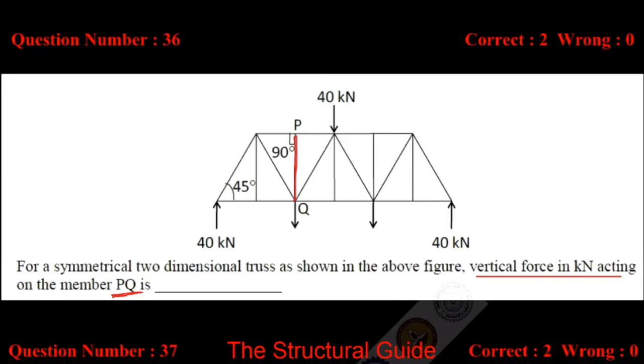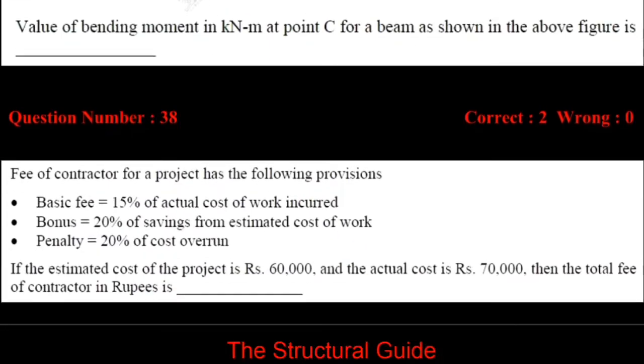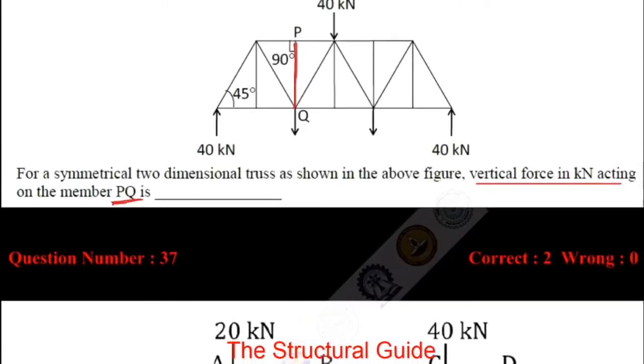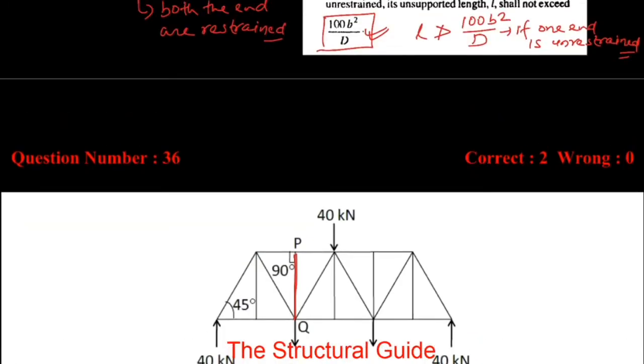For this type of problem, you need to remember two important rules, which are known as the rules of zero force members. So I am writing here the rules of zero force members. The number one rule is for the joint where two members are meeting.